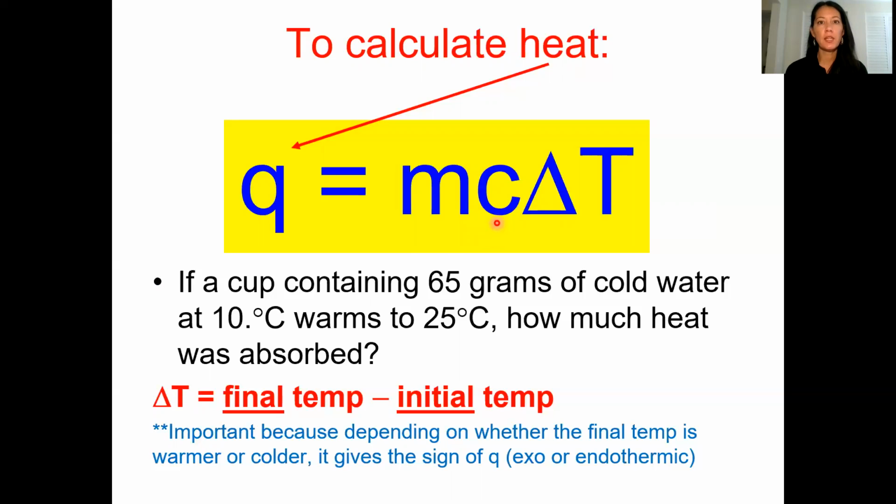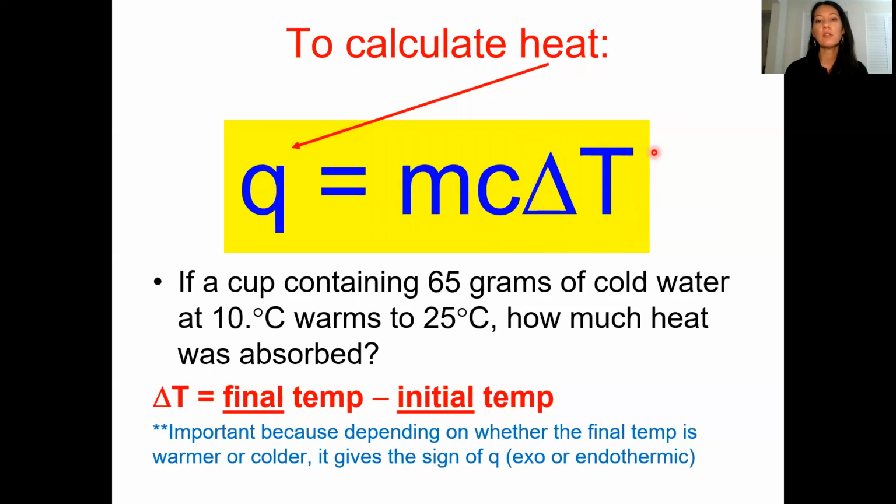The specific heat, again, depending on which substance you're looking at, you'll have a specific heat for that substance. And then delta T is just the change in temperature. It's very specific. It's the final temperature, the one that you end up with, minus the starting temperature. So that's important because depending on whether one's higher or lower, you may get a negative sign here, which would give a negative sign to Q, indicating heat's released.